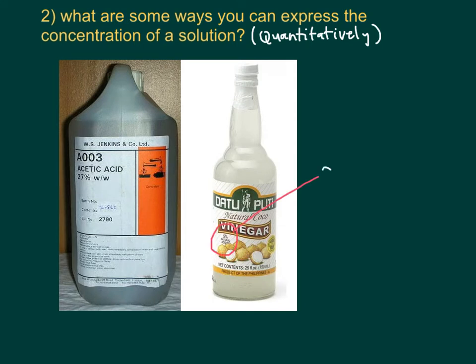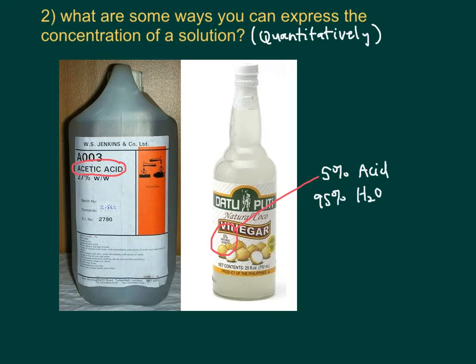It says 5% acidity. What that means is that in this entire bottle, only 5% of the fluid is actual acid, acetic acid, which is the acid in vinegar. That means the other 95% is something else, probably water as your solvent.